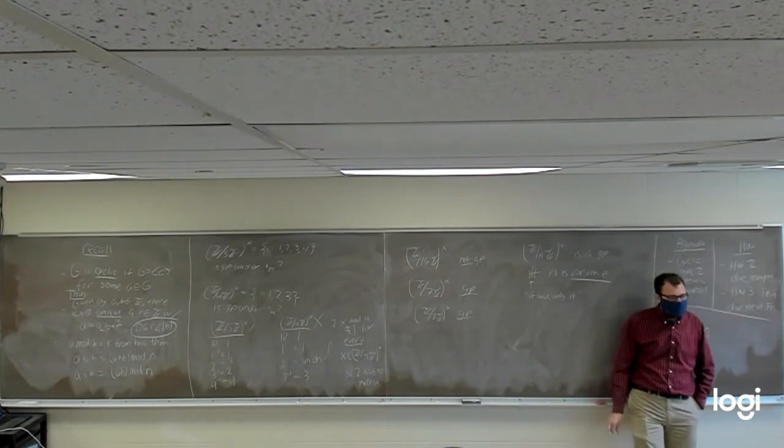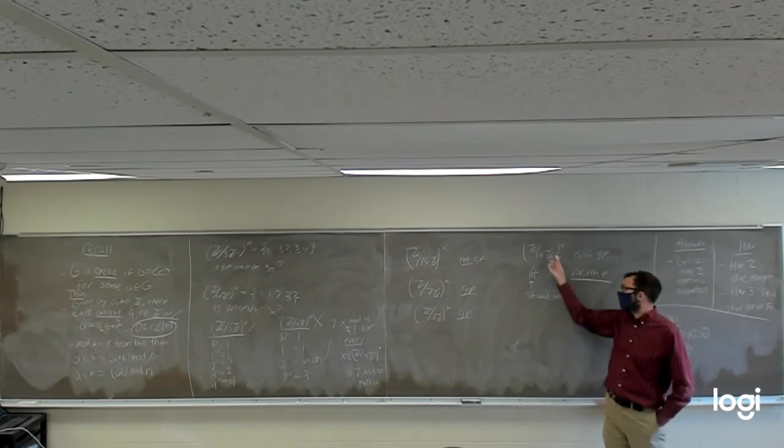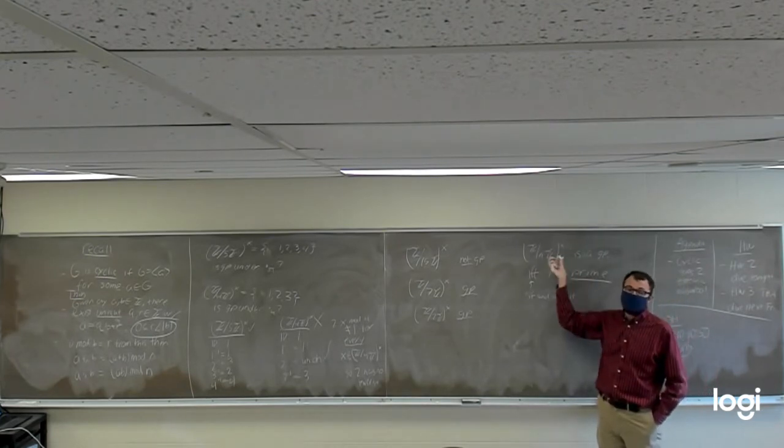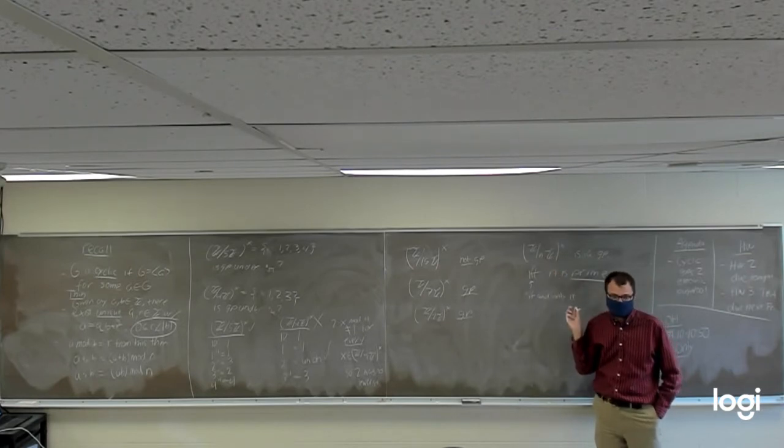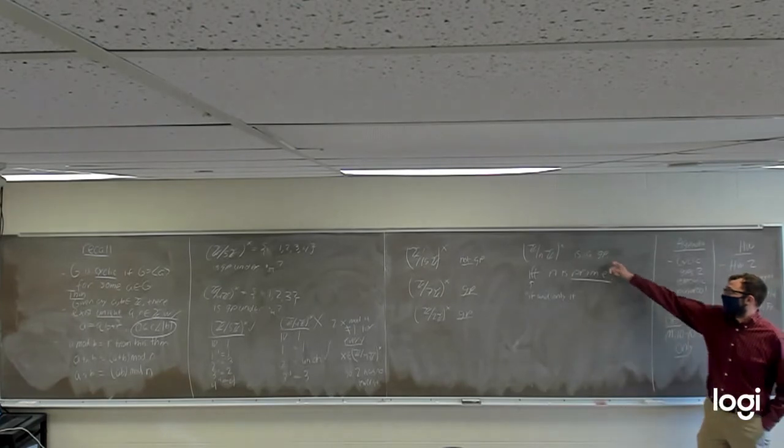What does if and only if mean in this context? That the two statements are equivalent and you can swap them for each other. They're logically equivalent, meaning if one is true, the other is true. If one is false, the other has to be false. So if n is prime, then this is a group.